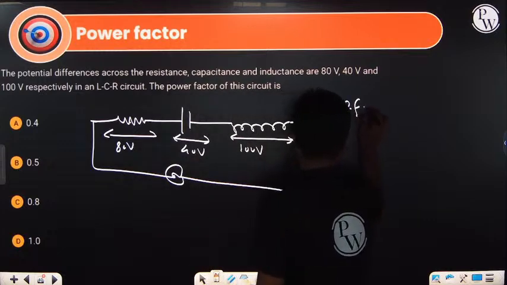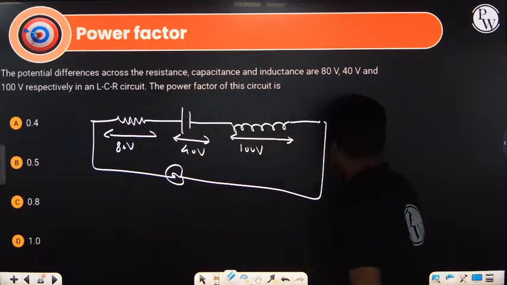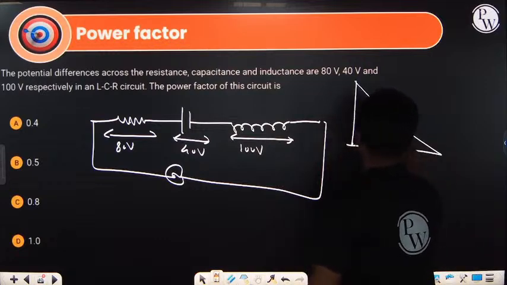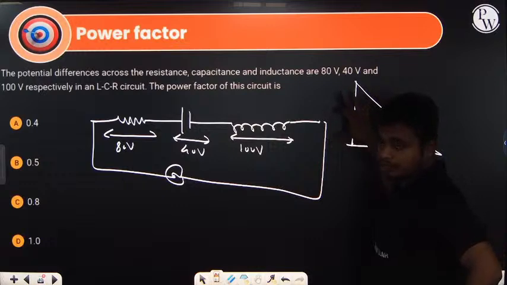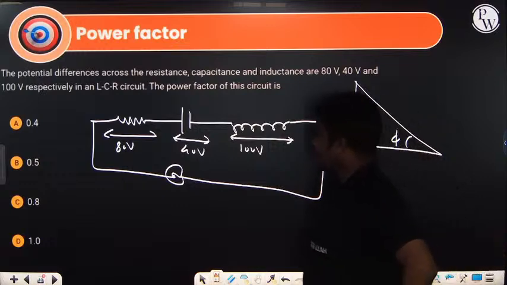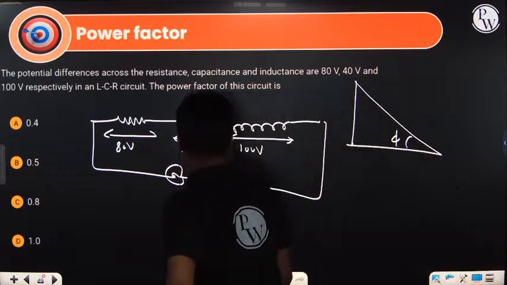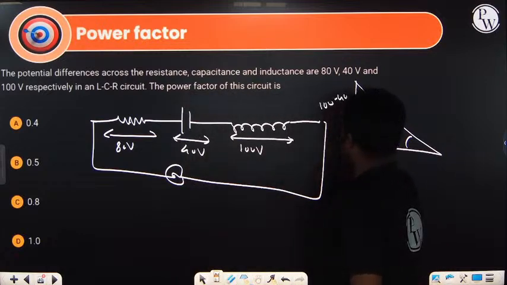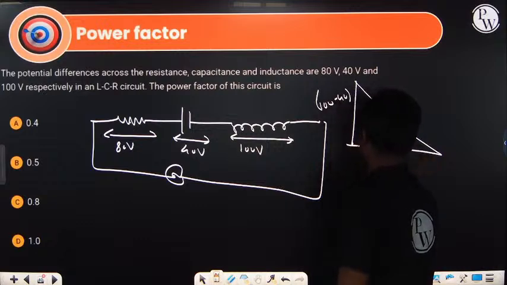The power factor is found from the impedance triangle. We make the impedance triangle such that this particular angle is phi, and the perpendicular side is VL minus VC, that is 100 minus 40, which is 60. The base side is the resistance voltage, which is 80.